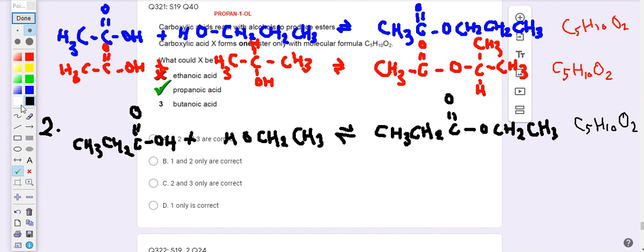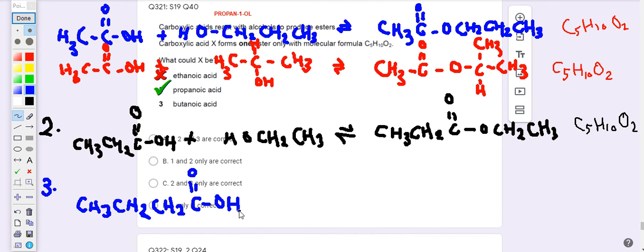Let's look at the third one. Now we have butanoic acid. Okay, a 4 carbon carboxylic acid. Now since we are using a 4 carbon carboxylic acid and we want to get a 5 carbon ester, 4 carbons come from butanoic acid, so 1 more carbon from the alcohol.